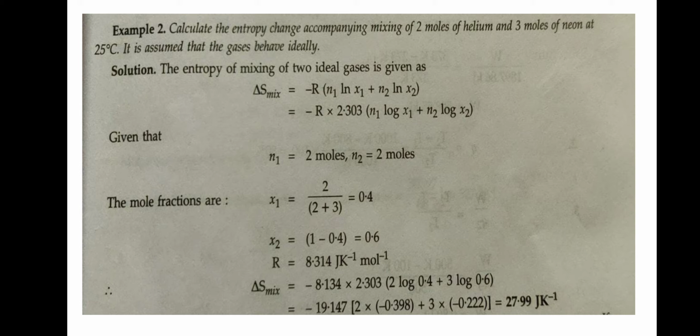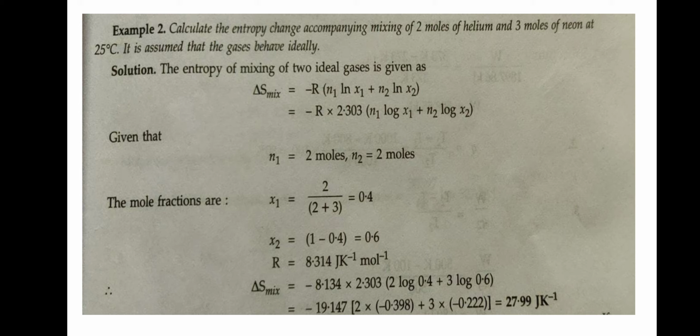We have the value of number of moles here. N1 is your 2 moles. Kindly notice N2 is your 3 moles, right? So we have calculated the mole fractions accordingly. X1 and X2, we know that X1, the mole fraction of any component 1, is the number of moles of that component divided by the total number of moles. Similarly, X2.